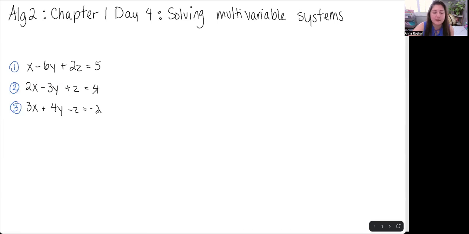So if I can combine these two equations, equation number 2 and equation number 3, I would essentially eliminate my z's, and that would be super simple because one is positive, one is negative. They'll create that zero pair, and I'll be done with the z's, right? And then I can go in and have just the x and y available.